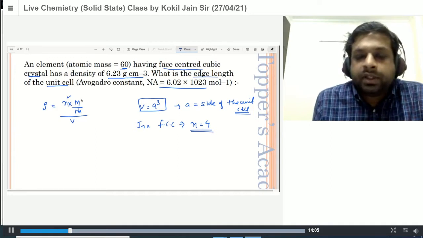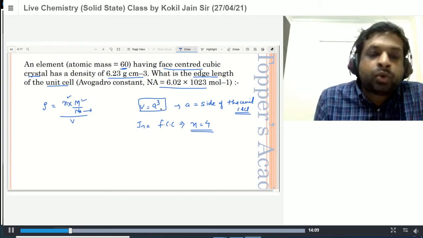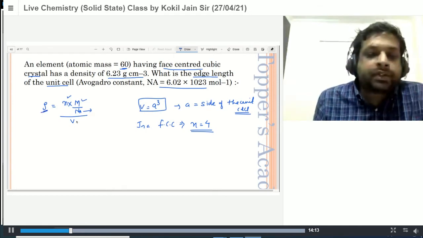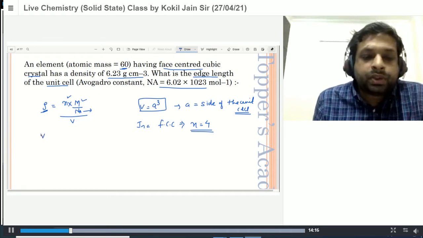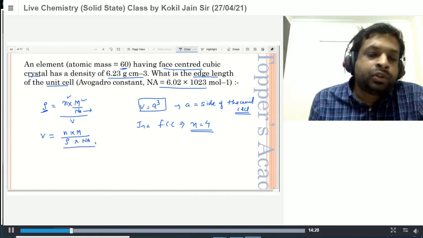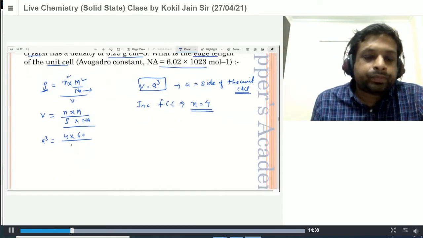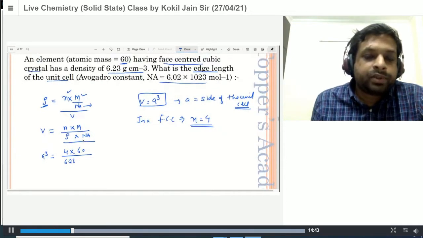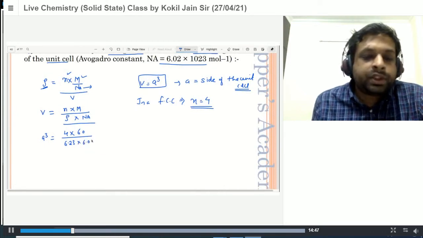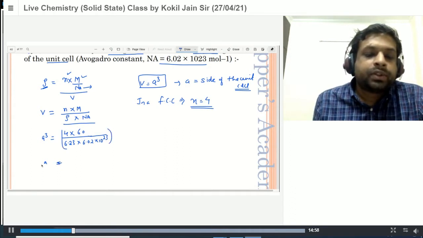We have the value of n and the value of d, so we can find the volume, which is equal to a cubed. If you take the cube root of this calculation, you can get the value of a here. In the coming lectures we will cover this chapter thoroughly, and try to solve DPP questions covering all types of questions that can come from this chapter, before we move on to the next chapter.